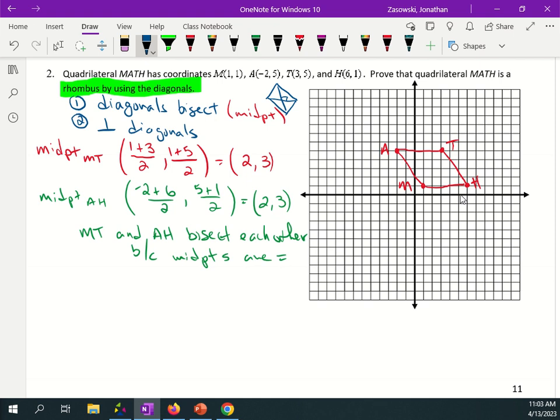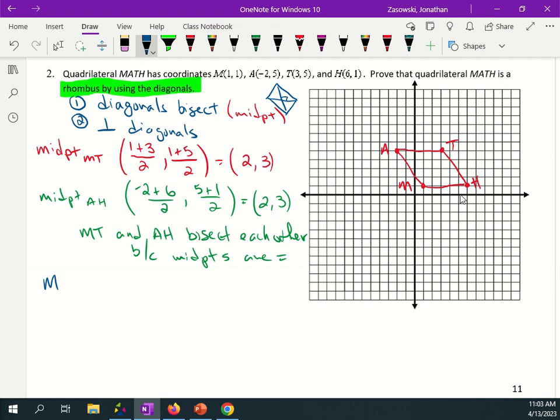Now, do you really need to draw in the right triangles here to count the slopes? No. You can just count the rise and the run. But remember, what are we trying to figure out the slopes of? Remember, we just did number one, show they bisect.